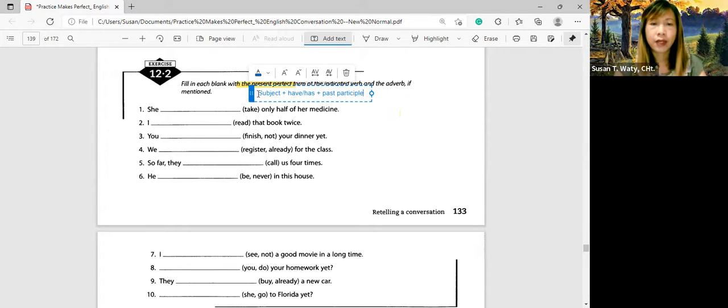That's it, pretty easy. So remember, have is for I, you, they, we. You're going to use have. And then for she, he, it, you're going to use has, and then change your verb to past participle.